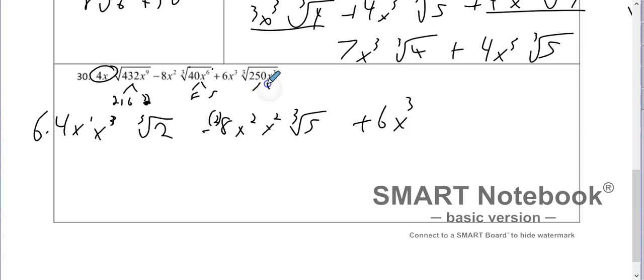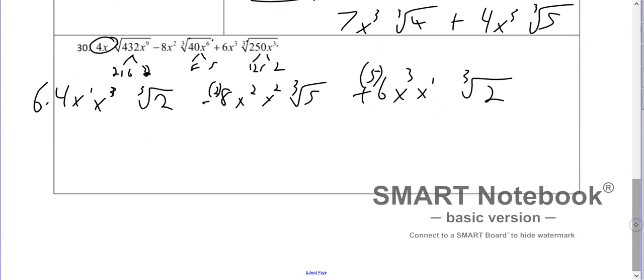Last one. This is 125 times 2. 125, cube root of that is 5. So I'm just going to put it here in parentheses to remind myself to multiply. I'm going to put the cube root of 2 right here. 3 divided by 3 is x to the 1.